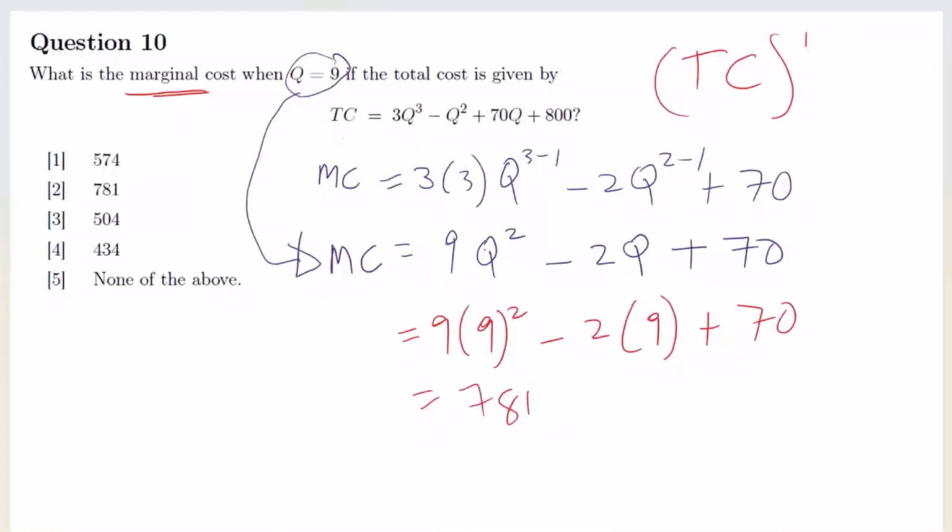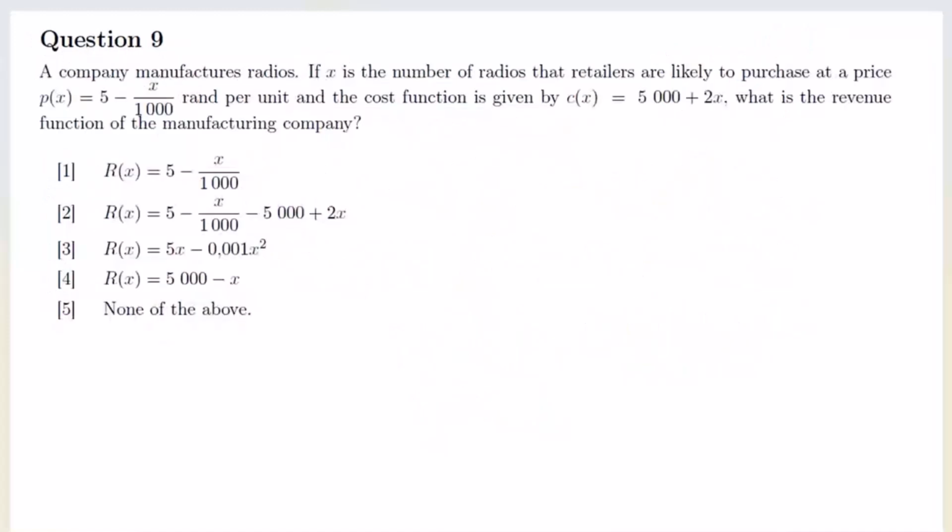So this question, we need to think a bit. This question is saying this company is a manufacturer of radios. If x is the number of radios that the retailers are likely to purchase at a price per unit, and the cost function is given by, what is the revenue function of the manufacturing company?